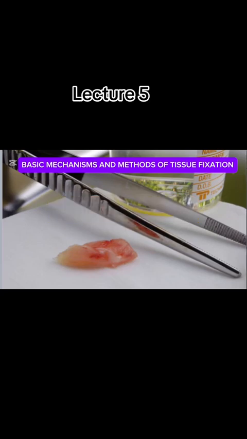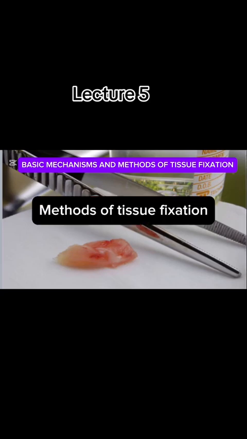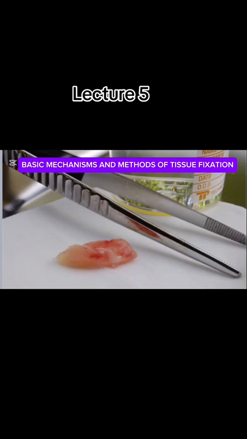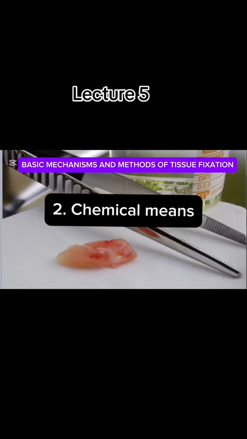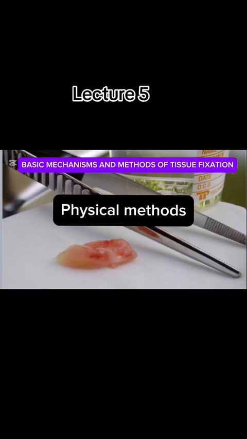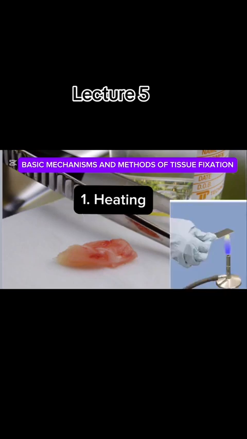When you look at the methods of fixation, fixation of tissues can be achieved by either physical or chemical means. Physical methods include, one, heating, whereby it involves using heat to denature proteins and solidify cellular components.